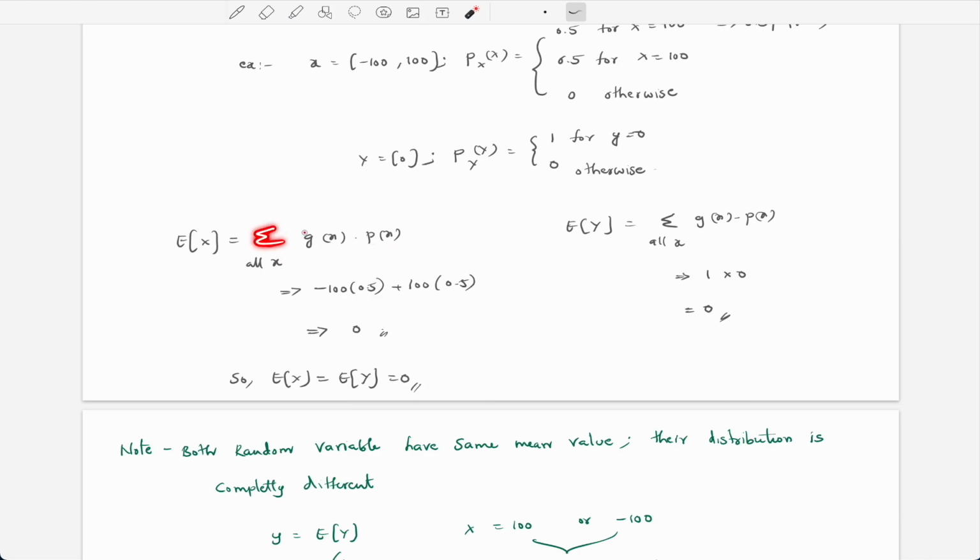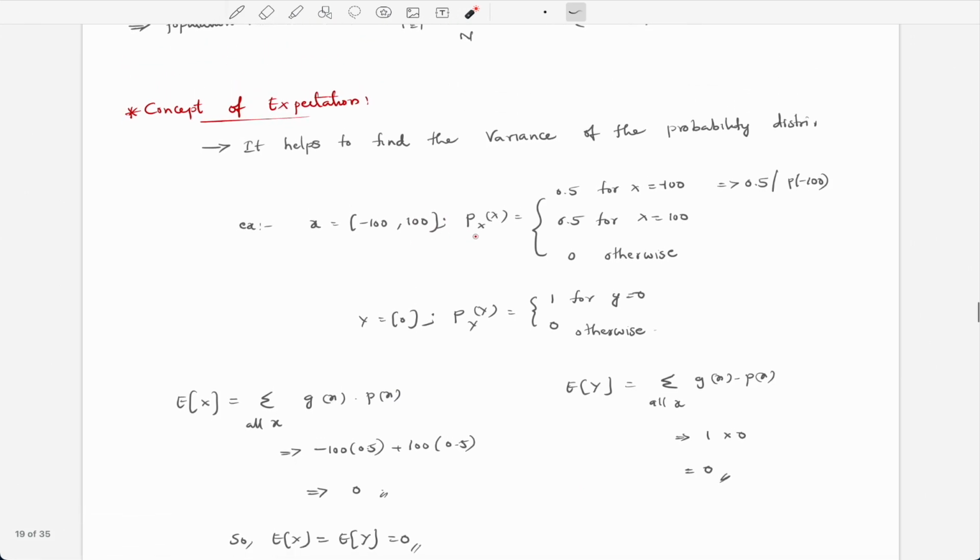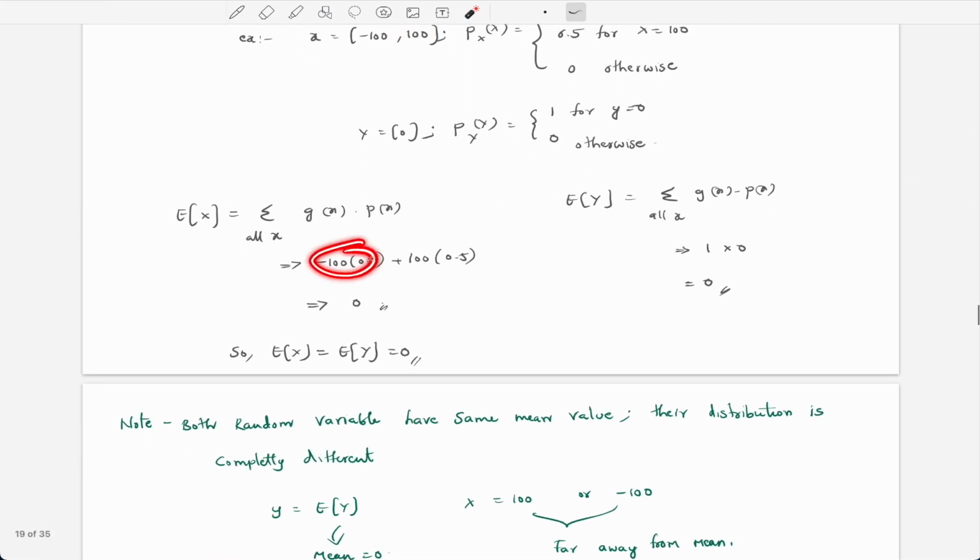We have a summation over here, and then we simply multiply these two. We multiply each value with its probability, and we multiply with the other value and its probability. We are going to simply get 0, because -100 plus 100 will cancel, and we're going to get 0.